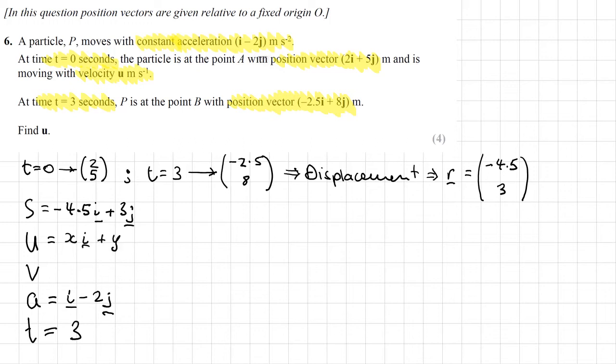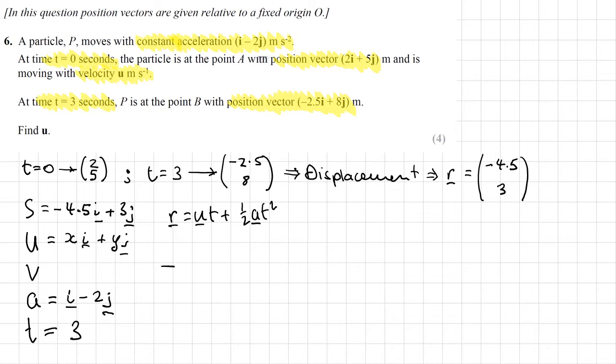plus yj. So now I can form a SUVAT equation, and that's going to be s equals ut plus half at squared. Now I'm going to be using columns throughout, I just find it easier, and I guess I should use r here.